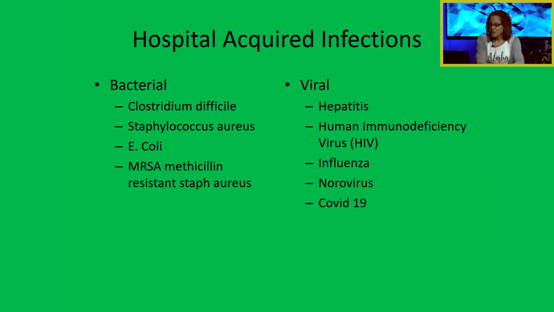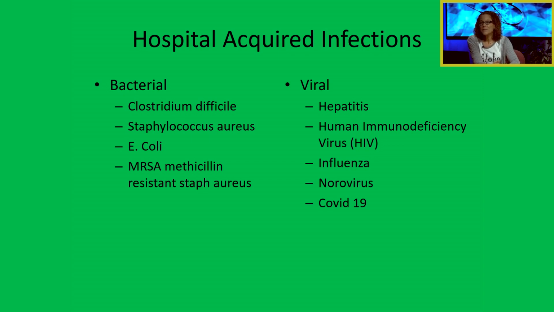Some of the infections that occur in the hospital setting can be bacterial. Examples of bacterial infections include Clostridium difficile, Staphylococcus aureus, E. coli. We've all heard about MRSA, which is methicillin-resistant Staph aureus.